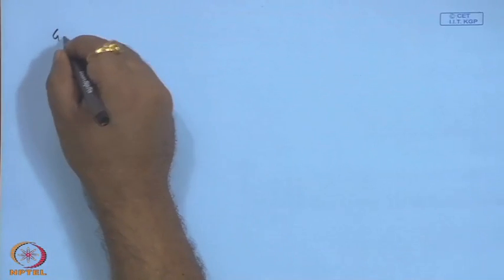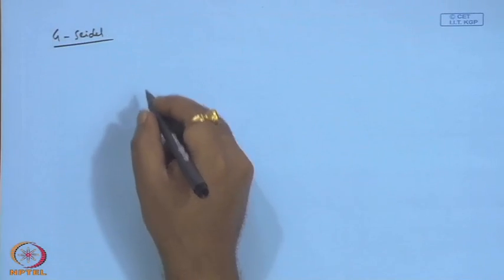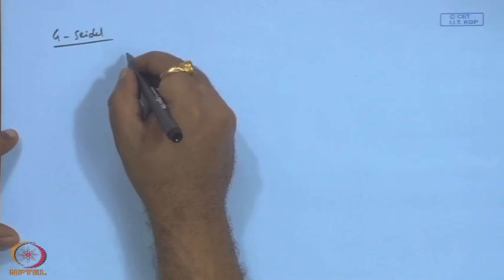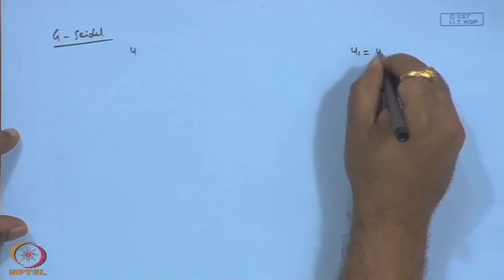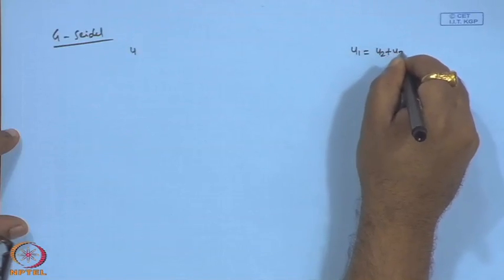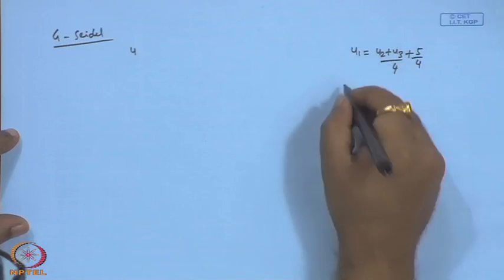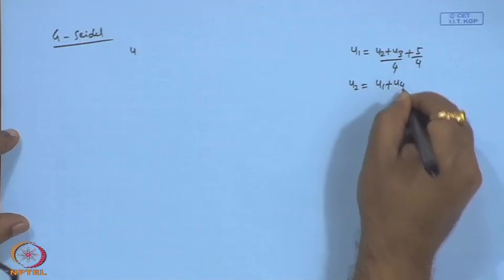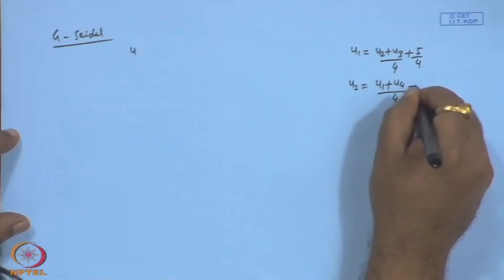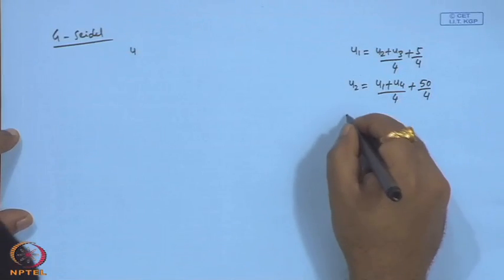So, now we have, so we need these values, u 1 is u 2 plus u 3 by 4, u 2 is, so better we write 50 by 4.